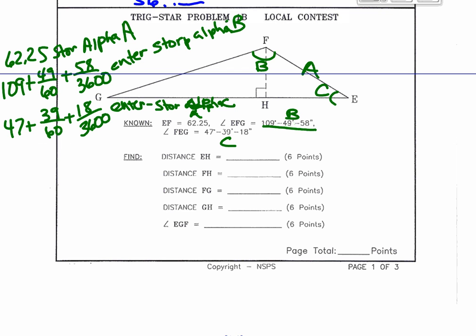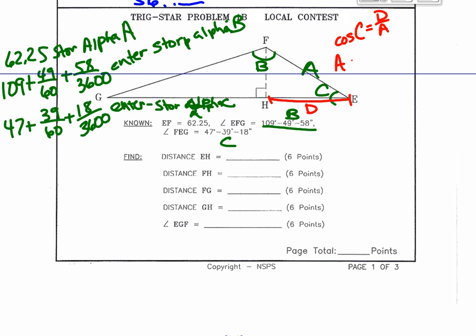And so the next thing I'm going to do is figure out EH. So EH is right here, and I'm just going to call that D once I get it. And to get that, do you agree I would use cosine? Yes or no? So cosine capital C equals D over A. And D is what I'm trying to figure out.